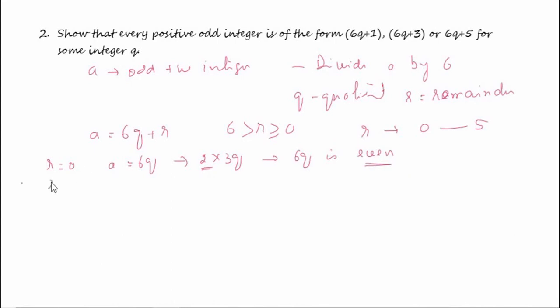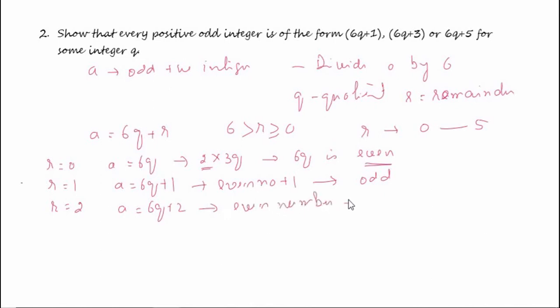So now let us consider r equal to 1. Then a equal to 6q plus 1. Now this is 6q, an even number, plus 1. If you add 1 to any even number, then that is odd. r equal to 2, that is a equal to 6q plus 2, so it is an even number plus 2.